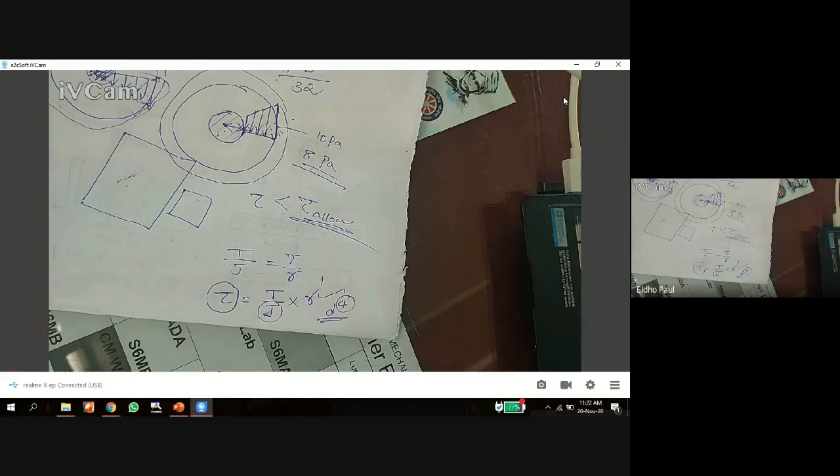Okay. Any other doubt? Is it okay? And the derivation is okay?